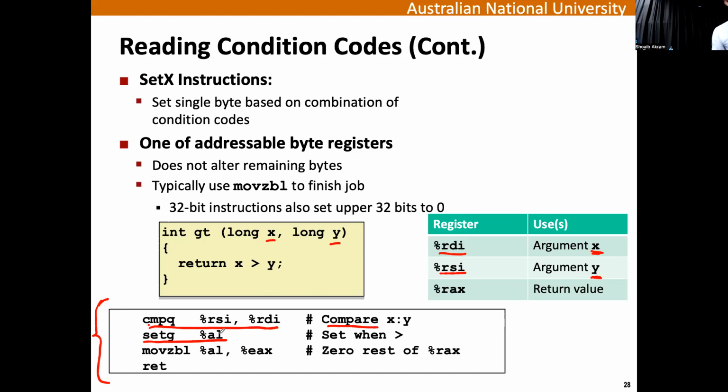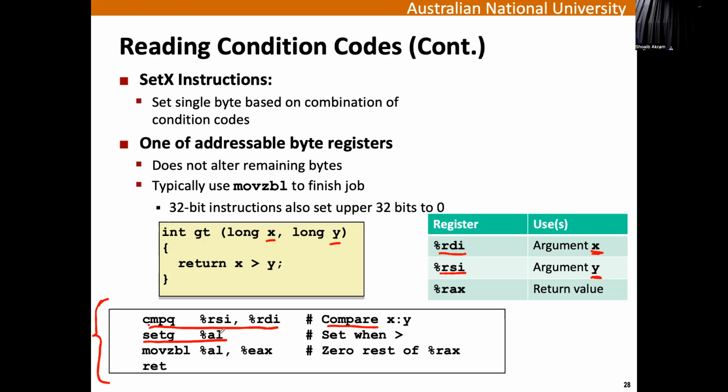If x is greater than y, what will happen? We've been using the 64-bit x86, and we are used to RAX, RBX. But if you want to use only the low order byte of a 64-bit register, you can do it with AL. RAX is 64 bits, EAX is 32 bits, and then AL is the least significant byte.